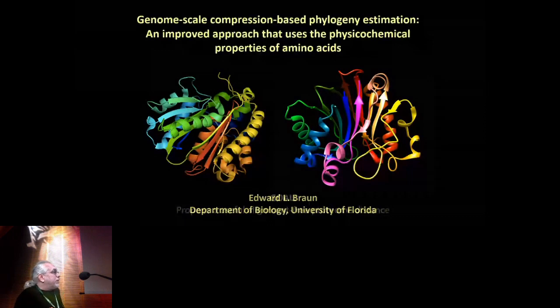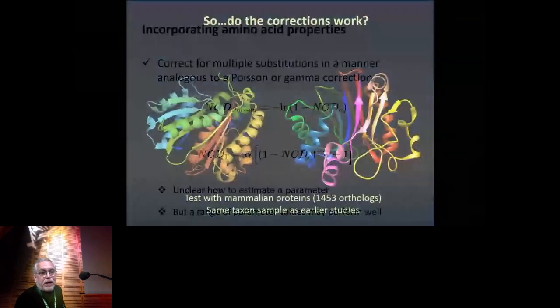Now, how to estimate the alpha parameter in here, which captures among-site rate variation in aligned distances, is unclear, and even its meaning, but a range of parameter values may perform well. We're just going to leave the details of the estimation to the side for now.